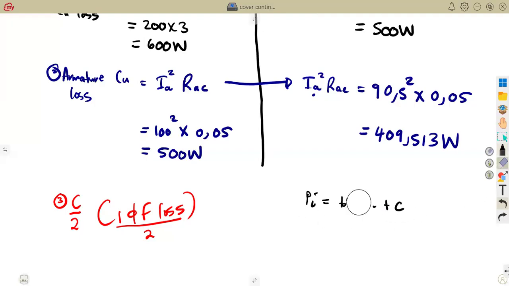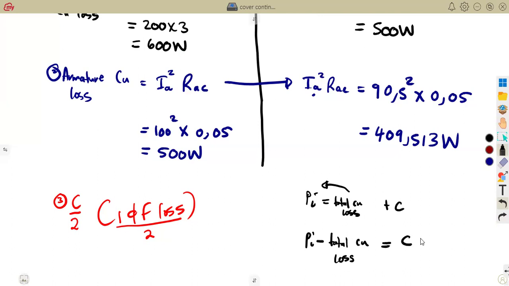So we are now considering the total copper loss and the iron, friction, and windage losses, because we do not have the output. We need this one as C over 2, so we need this C first. How can we find it? We're just going to take it to this side so that it will be the subject. So it's going to be input minus total copper losses.